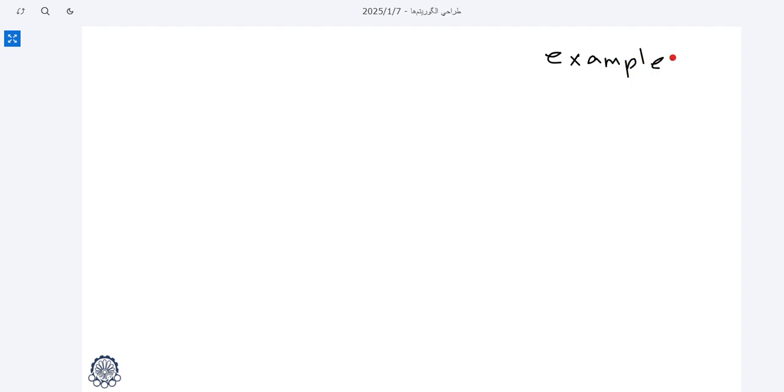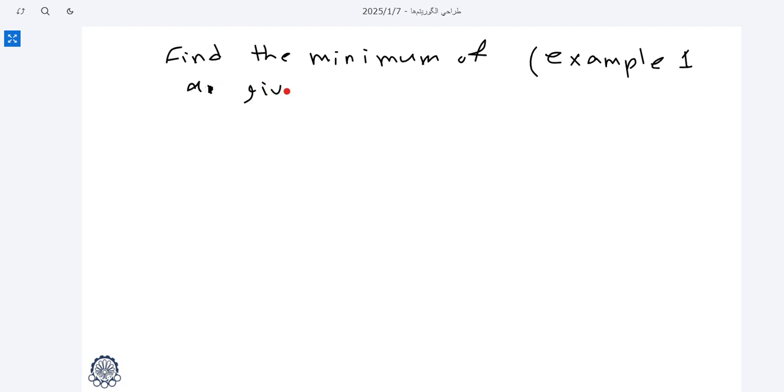Example 1: find the minimum of a given array of numbers.